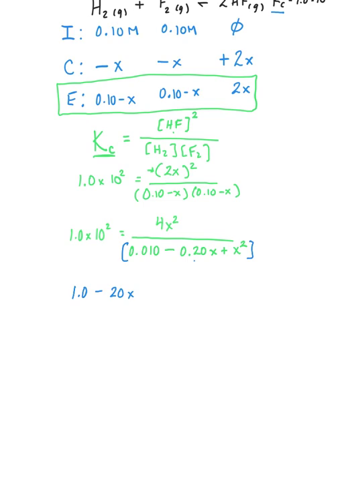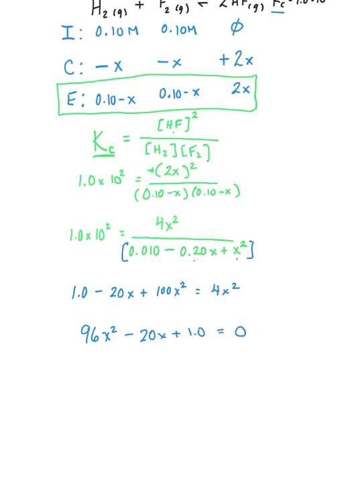We'll multiply 1.0 times 10 to the 2 by x squared, which gives us positive 100x squared. All of that's equal to 4x squared. To set up a quadratic equation, we'll make the right-hand side of this equation equal to 0 by subtracting 4x squared from both sides. Subtracting 4x squared from both sides leaves us with 96x squared on the left-hand side, minus 20x, and positive 1.0.